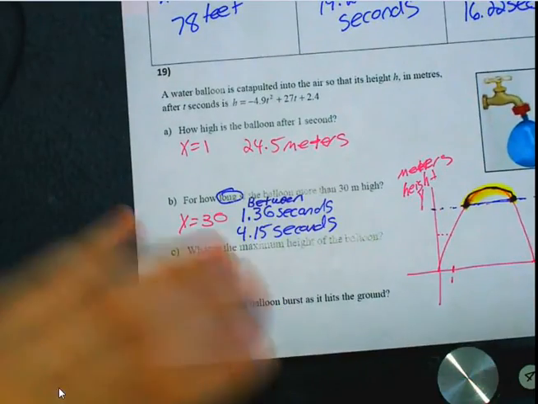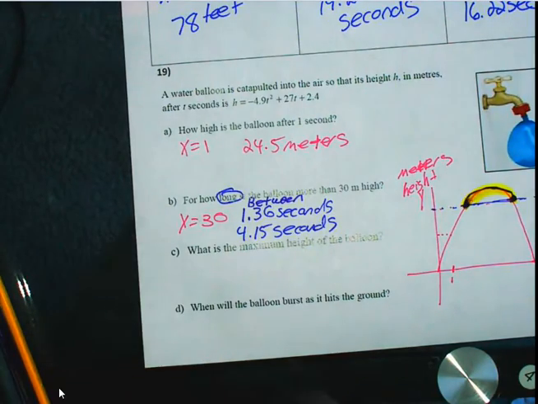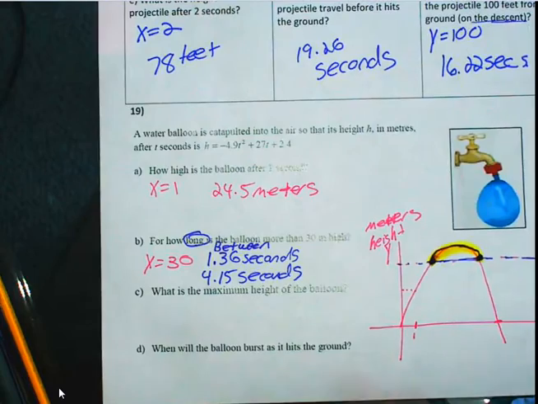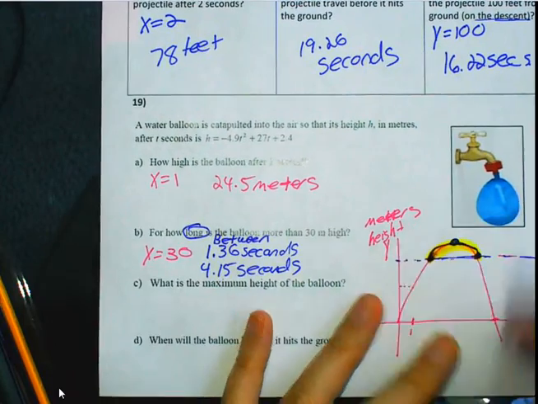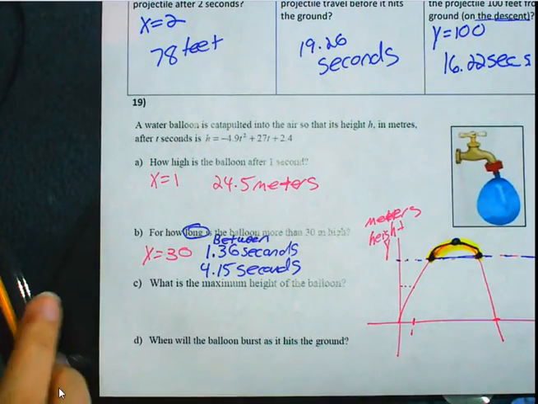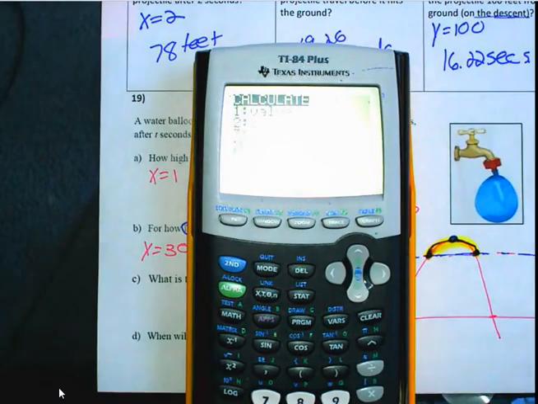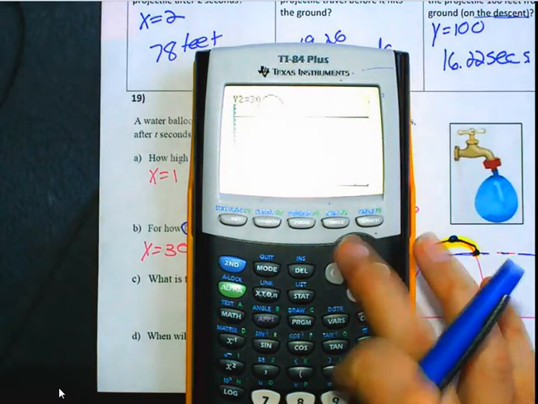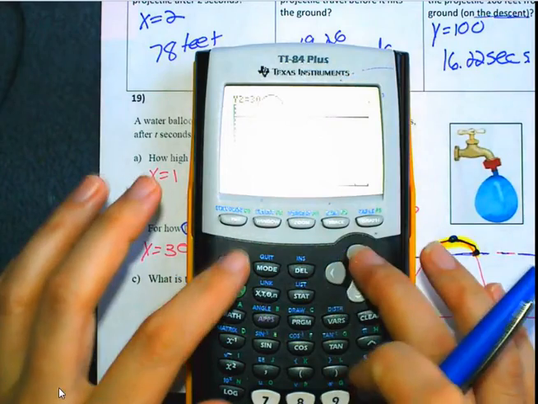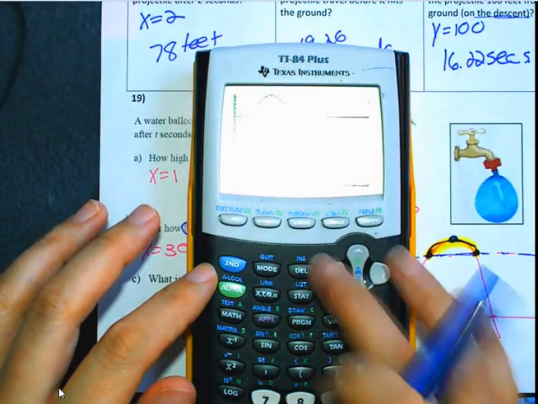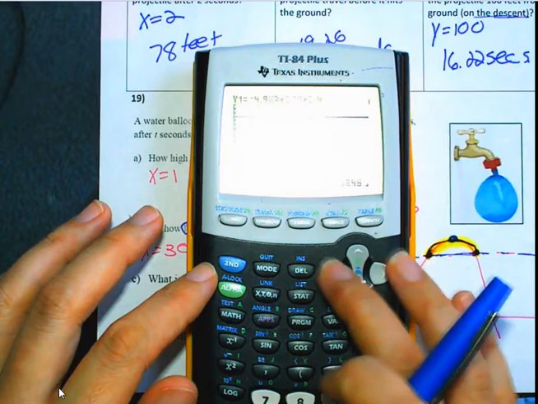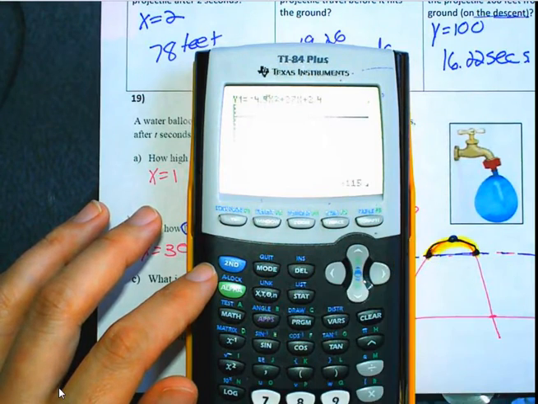All right, let's look at the next one. The maximum height of the balloon. So the maximum height of the balloon is going to be this point right here, which is the maximum, which is our vertex. Okay, so we can go into the calc table, maximum. All right, go to where the vertex is, go left 3 times, enter.